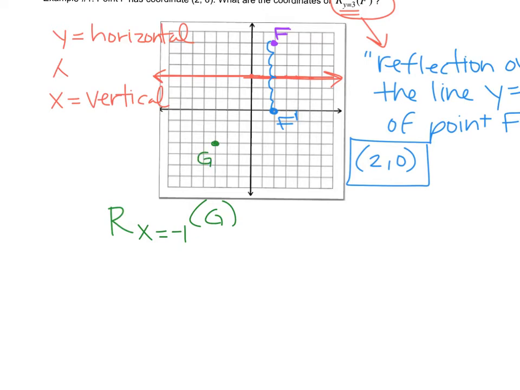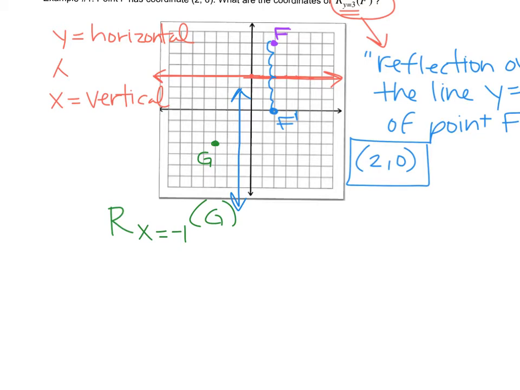What's the line x equals -1? What kind of line is that? Vertical. That one's vertical. So at -1, a vertical line here.